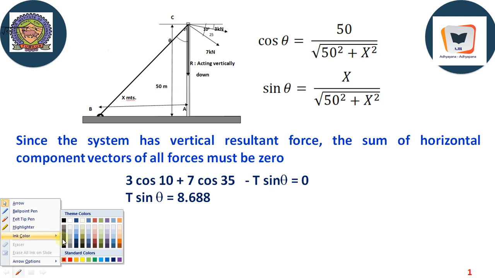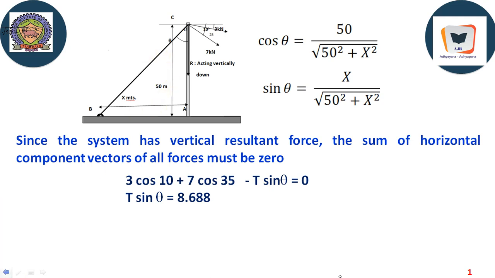We can sketch that for the sake of clarity. The tension in CB will act like this, therefore its horizontal component will be like this, which is negative. We'll continue with that.